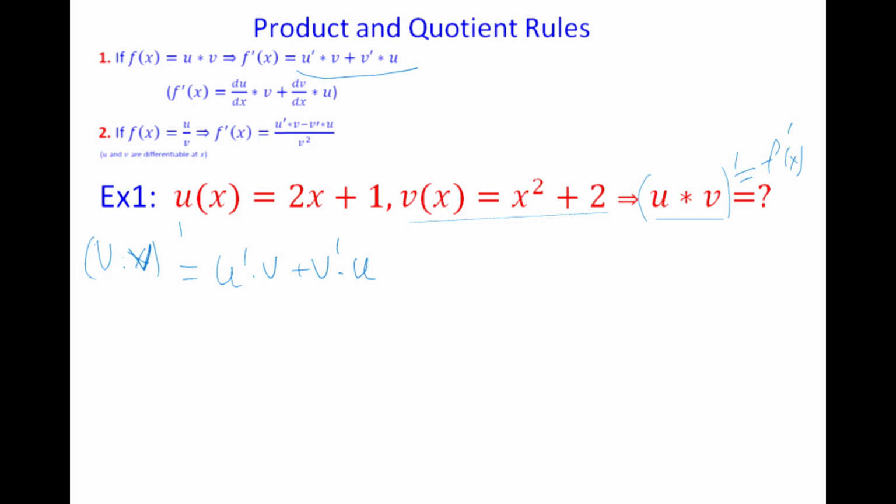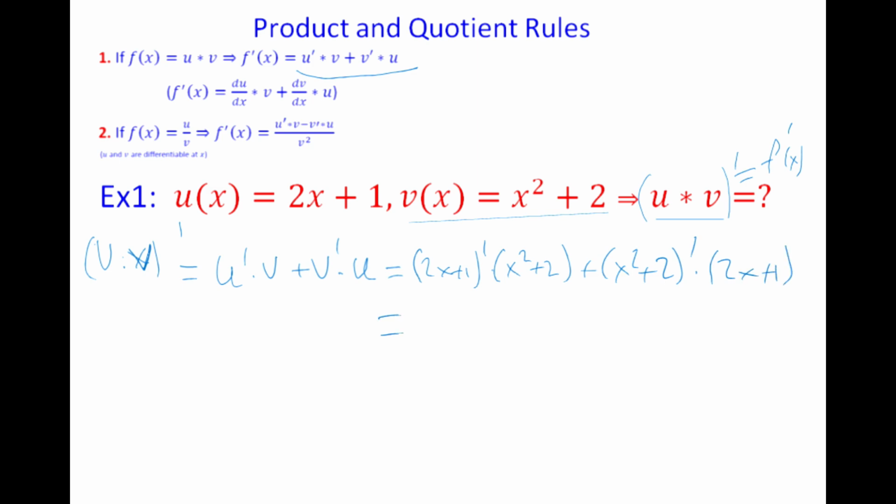I recommend you to memorize this, by the way, which is going to help you a lot to grasp the topic, of course. And this is going to be equal to, so it's going to be 2x plus 1 prime times x squared plus 2, plus x squared plus 2 prime times 2x plus 1 also, guys.